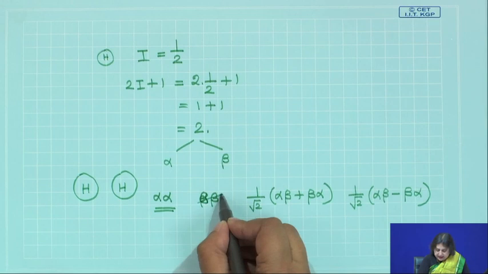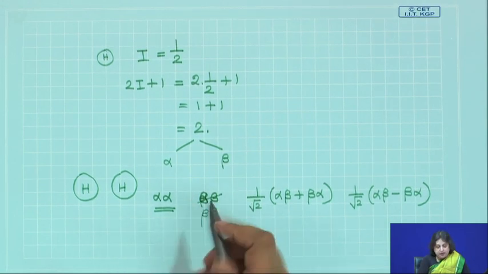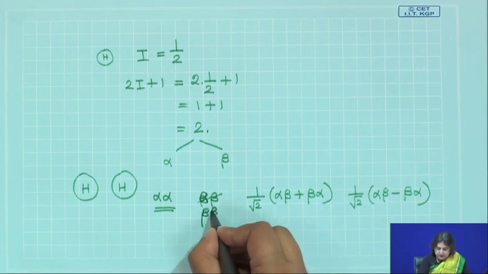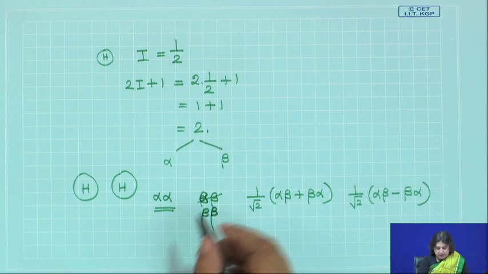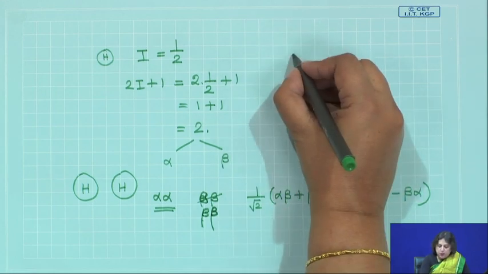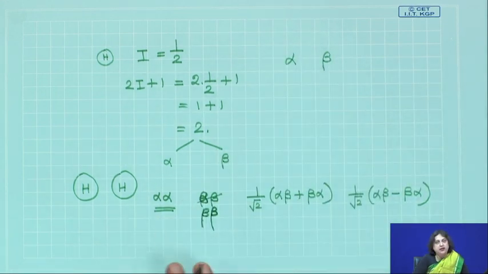Now, the second possibility is that both of them are existing in the state corresponding to beta spin wave function for the nucleus 1 and beta spin function for the nucleus 2. And it may so happen that one of them has alpha spin wave function and the other one has beta spin wave function.